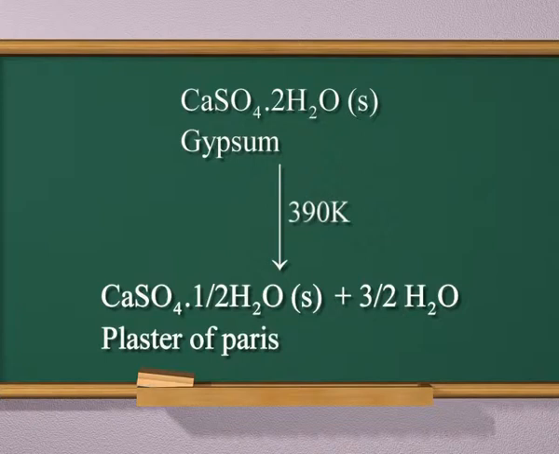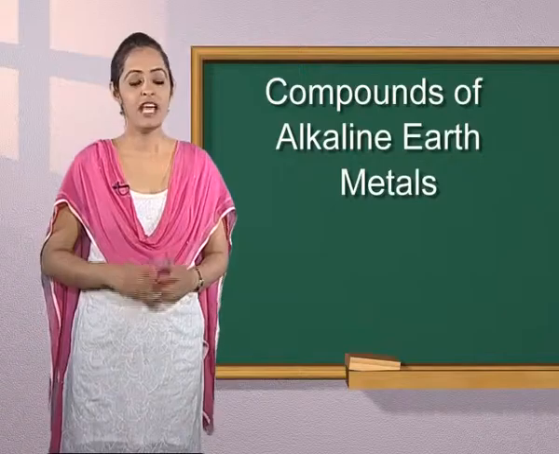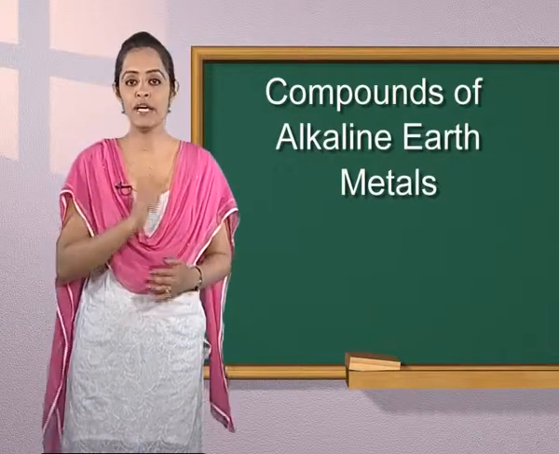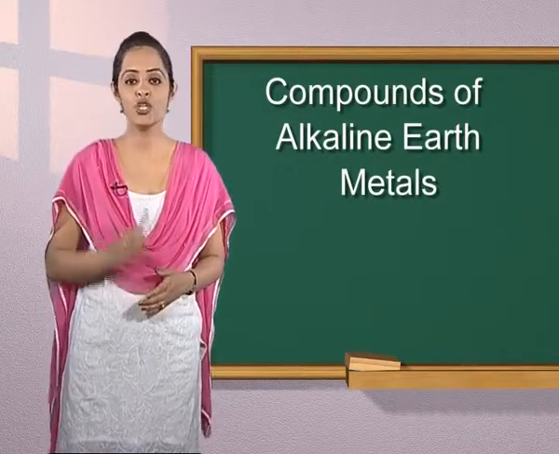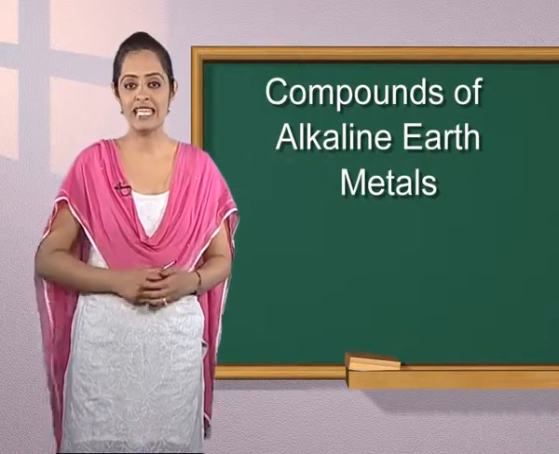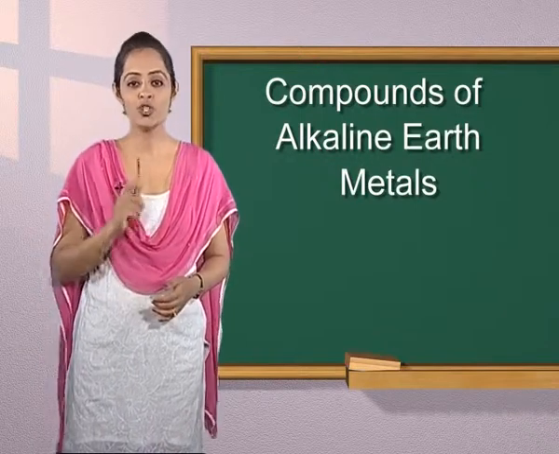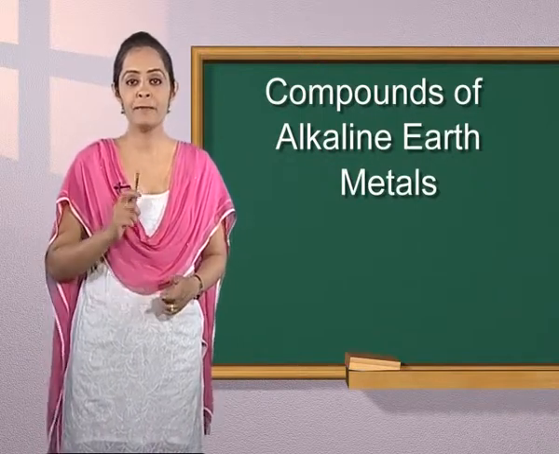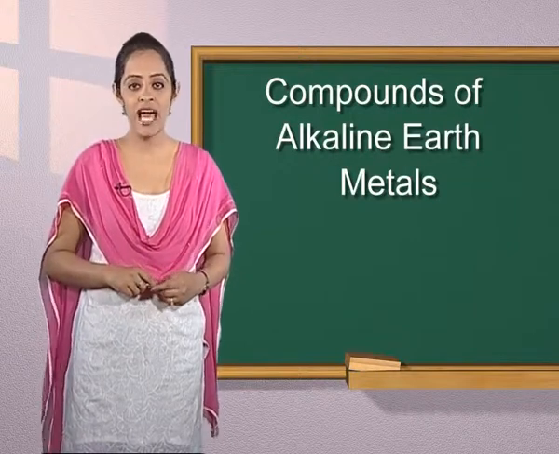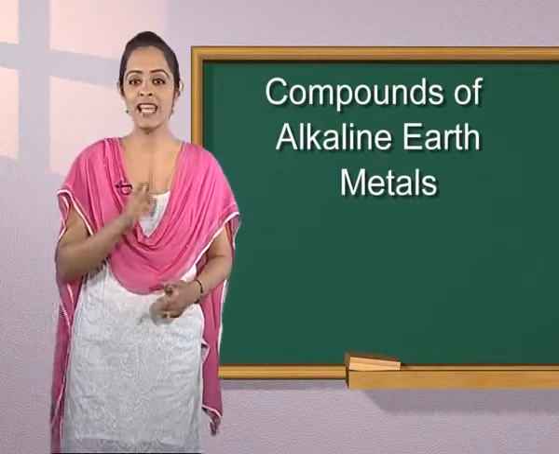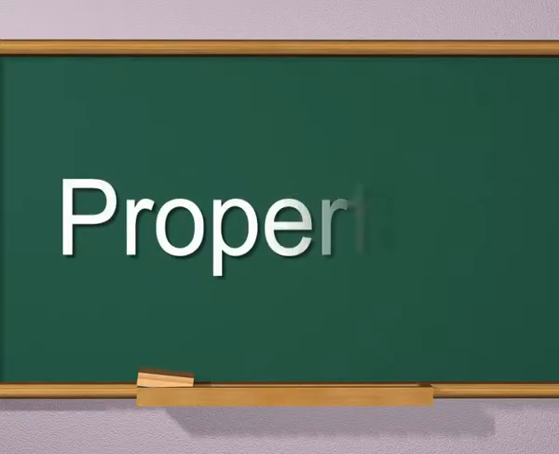Products formed are plaster of Paris and water. Temperature should not be allowed to rise beyond 390 Kelvin in order to check the formation of completely anhydrous calcium sulfate. Let us now learn about its properties.